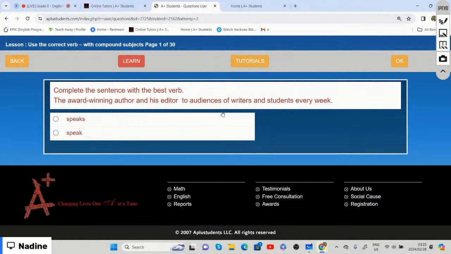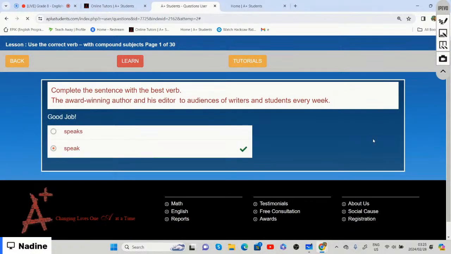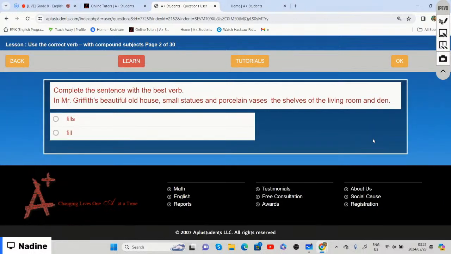All right, so the award-winning author and his editor, we can say speak to audiences of writers every week. So it is speak, because we said that if it is plural, we do not add an s, es, or ies. We only add s, es, or ies if it is singular, like a singular subject.